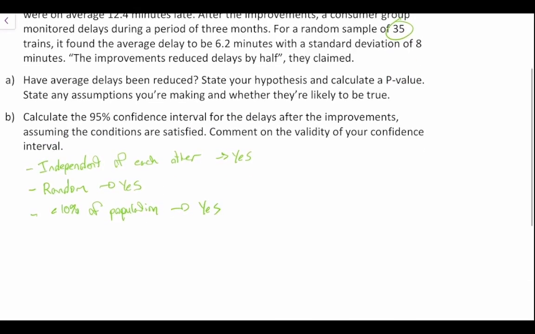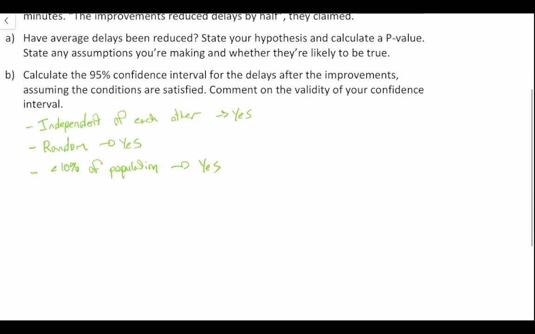But before we get there, let's go ahead and write our hypotheses. So in this case, our H naught, or our null hypothesis, is simply saying that the average delay, mu, is equal to 12.4 minutes.